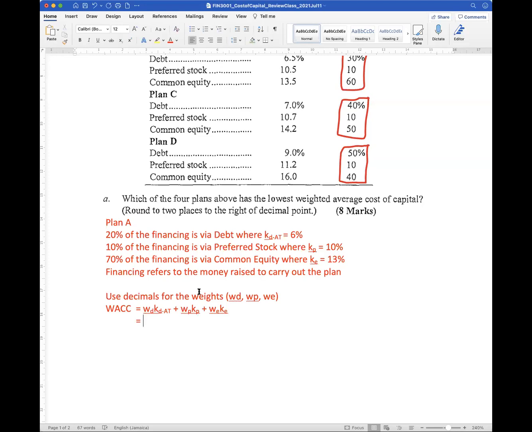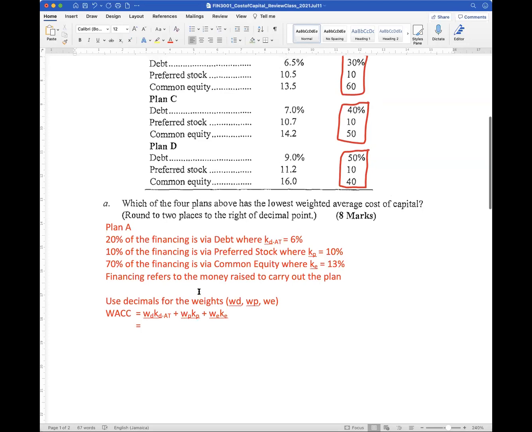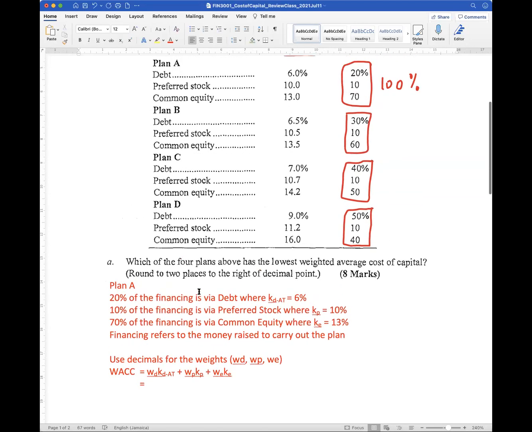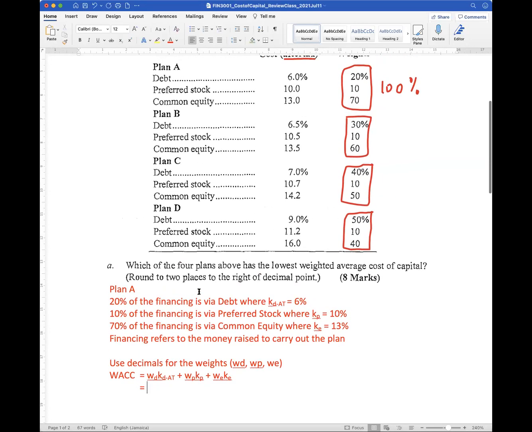For me, I leave my interest rates as percentages. So the weight of debt would be what for plan A? Somebody tell me that one quick.